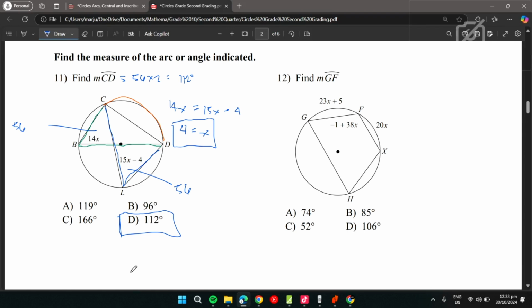Alright, let's do number 12. Find arc GF.